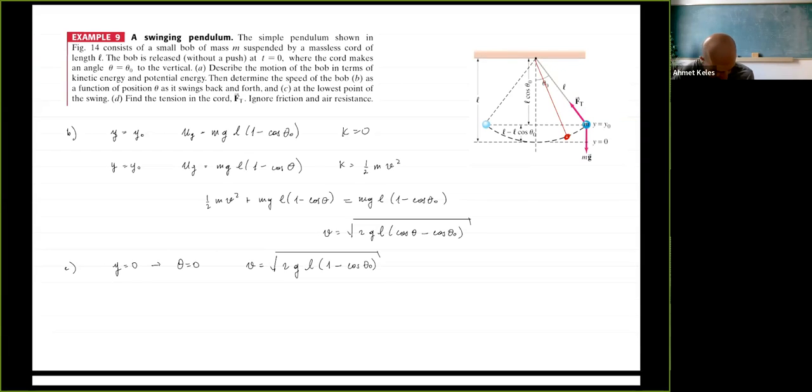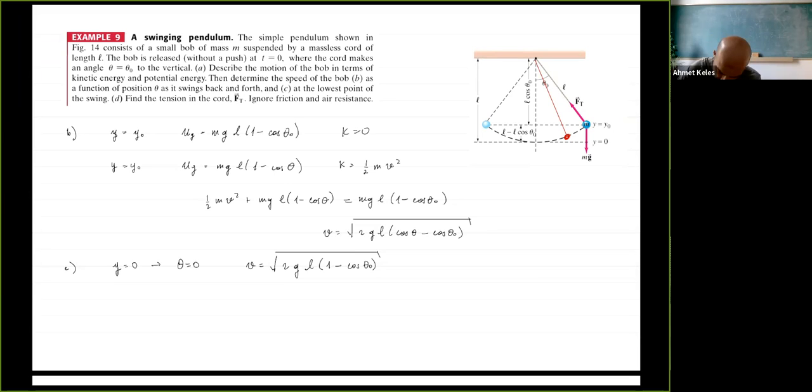And the next part: find the tension in the cord, ignore the friction. Okay, are we at the lowest point, or is it in general? I think I'm going to find the tension at a general point. Let's say it is in some location like here, and maybe I can write the free body diagram.